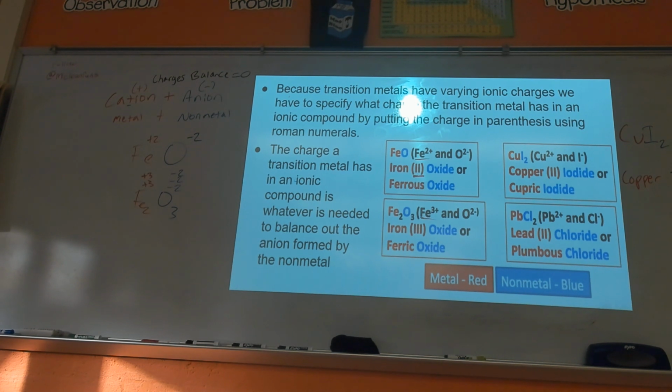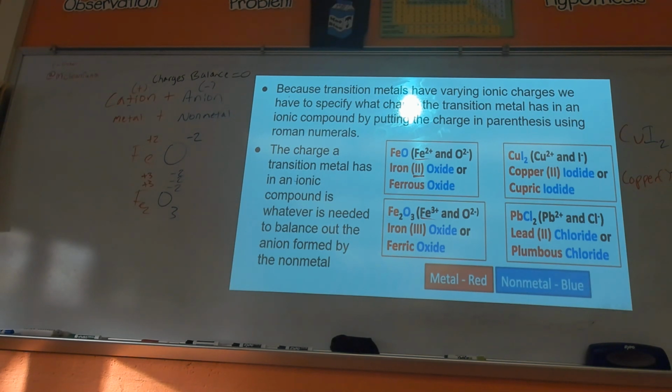That's where these get tricky, because you have to look at the periodic table and know copper is a transition metal. So I have to specify the charge. I have to put in parentheses what the charge is on that copper. But the question is, how do I know what the charge is on the copper? If I give you CuI2, how would I know if that's a 2 or a 3 or a 1?